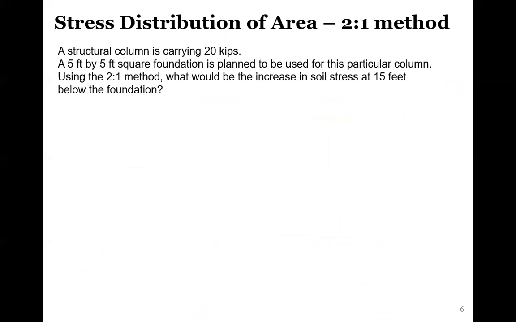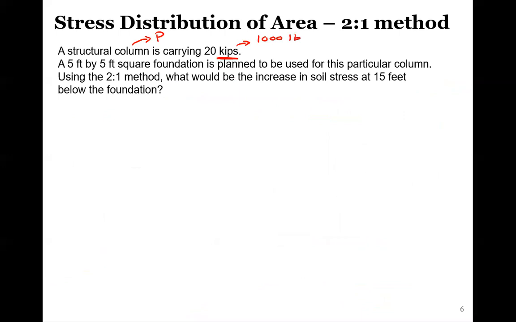Let's say in this example we have a structural column load that is carrying 20 kips. Is this column load a P or a Q? P, capital P. This is just a load because it's in kips, and a kip is just 1,000 pounds.